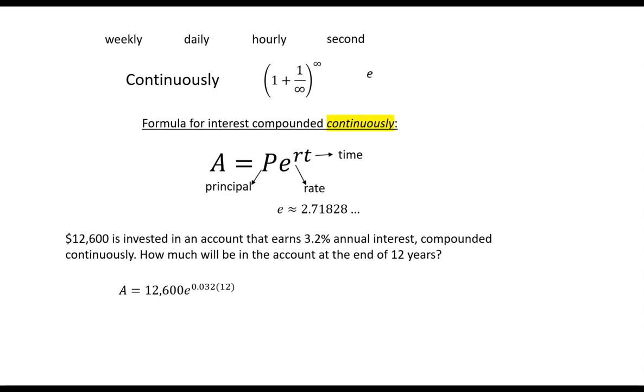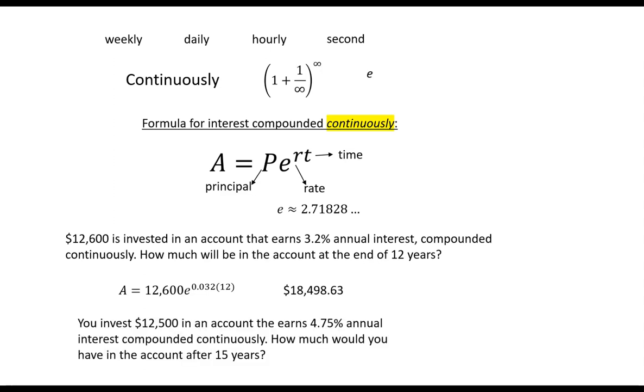The interest rate, 3.2%, is 0.032. And for 12 years, time is 12. So again, we need to use the e button on the calculator. So calculate that out, and what you should get is $18,498.63.